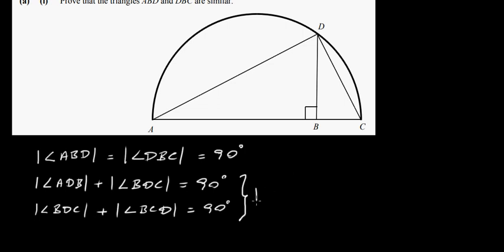In other words, the size of the angle ADB plus the size of the angle BDC must be equal to the size of the angle BDC plus BCD.